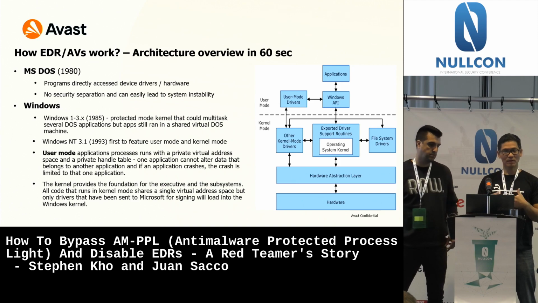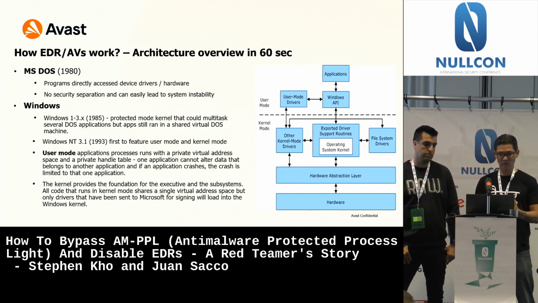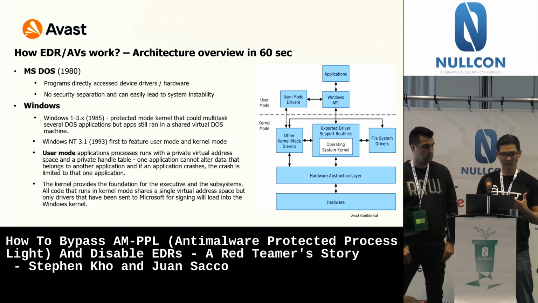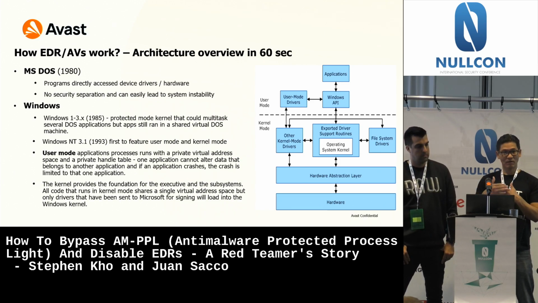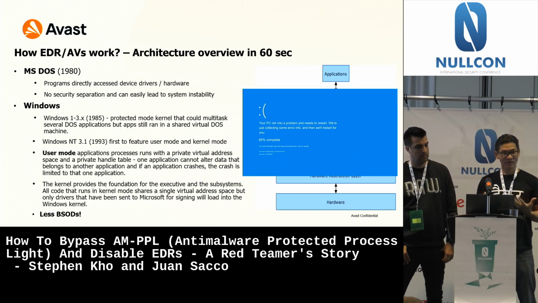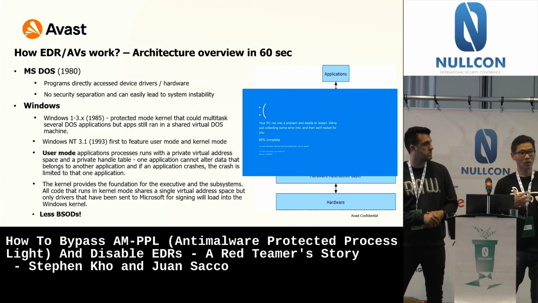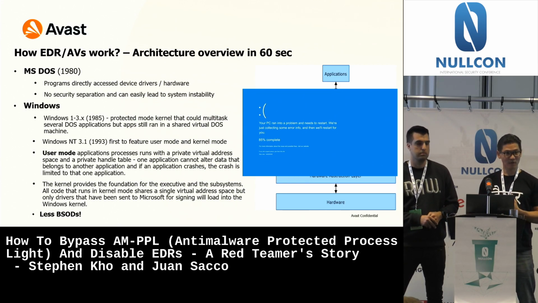And then the kernel runs all the executive functions, processes and memory and threads, for example, and that is abstracted from user land. So definitely fewer blue screens of death, because every driver you load in the kernel has to be signed by Microsoft. So it's more secure and more stable.